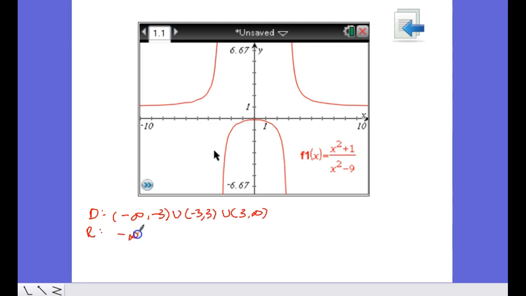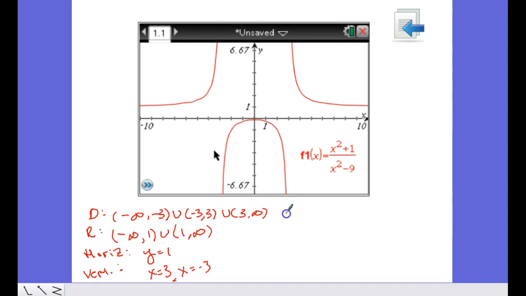So negative infinity to 1, union 1 to infinity. Notice the parentheses indicating that we're not including these values. Finally, let's talk about those asymptotes. We do have a horizontal asymptote located at y equals 1, and we have vertical asymptotes located at x equals 3 and x equals negative 3.